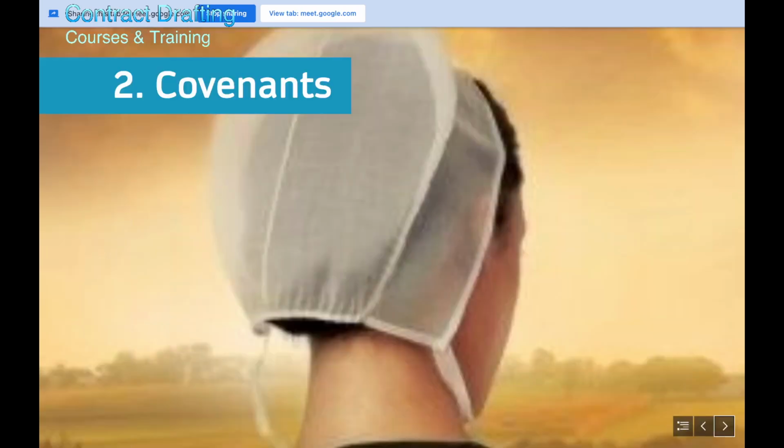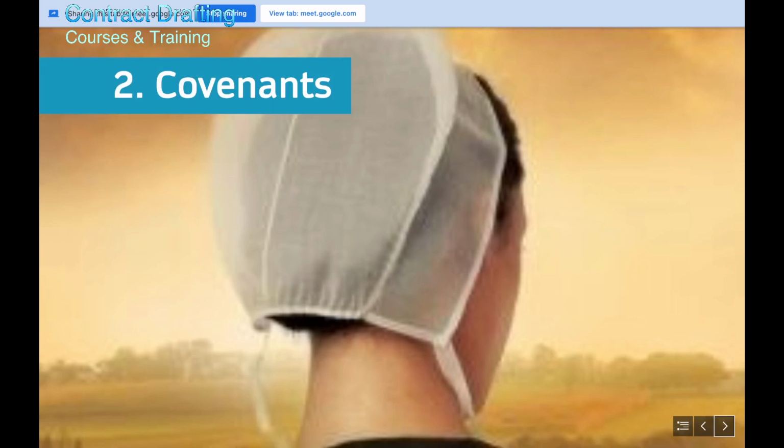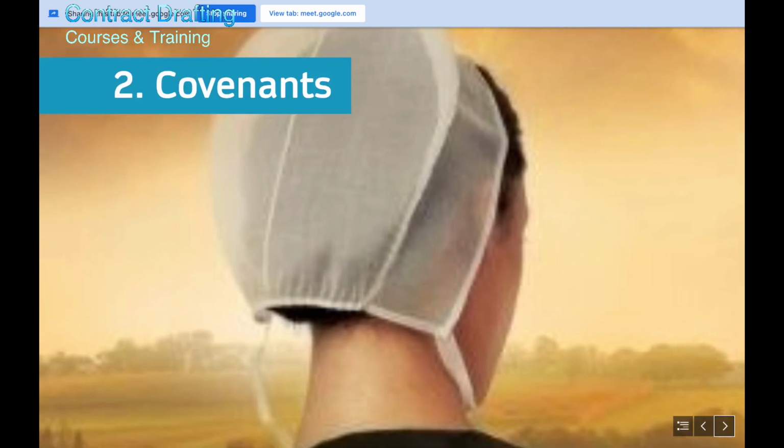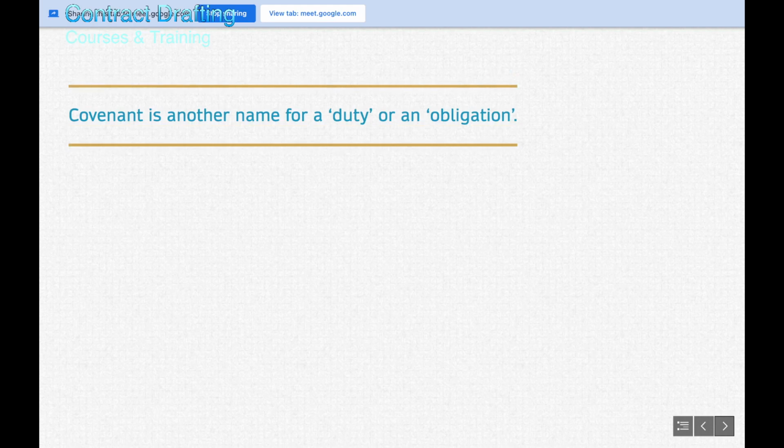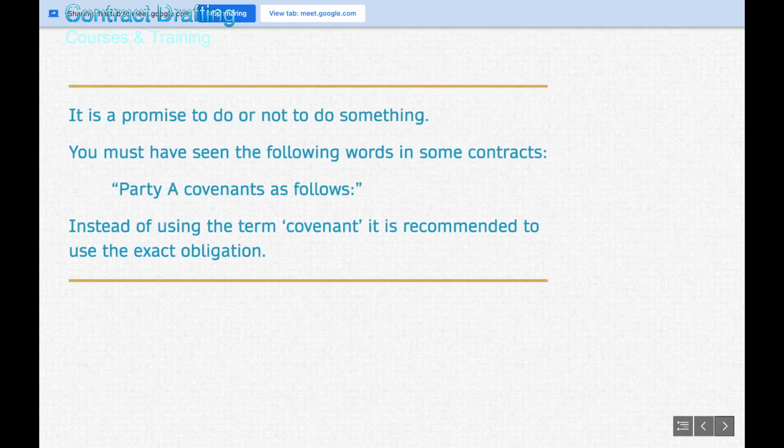Covenants. So what are covenants? Basically, they are nothing but a form of a duty or an obligation. So these are another name for a duty or an obligation. In the same way, it is a promise to do something or not to do something. Now, in some old format agreements, it is standard to write that party A covenants as follows, and then list out certain covenants.